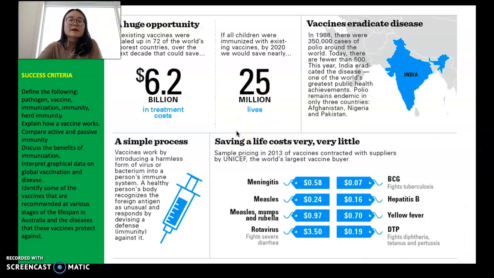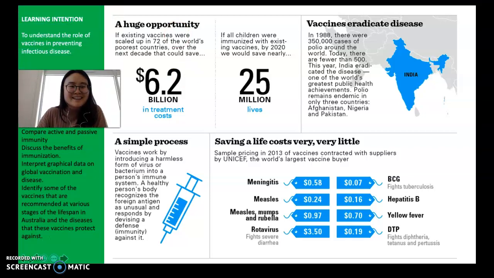Okay, this infographic, guys, summarizes really nicely some more benefits. So if we have a look here, vaccines are a huge opportunity. If we were to scale up our vaccinations in the world's poorest countries, this could actually save $6 billion in treatment, and we could save 25 million lives.